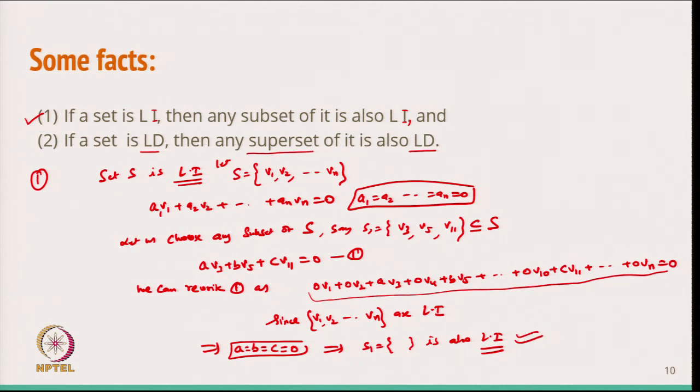So, this is okay. Now, we can take the next one: if the set is LD, then the superset is also LD. So, the proof, this is the second one. Now, let us take a set S, suppose I take V1, V2, V3, and V1, V2, V3 are linearly dependent.